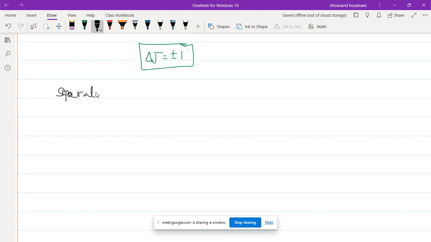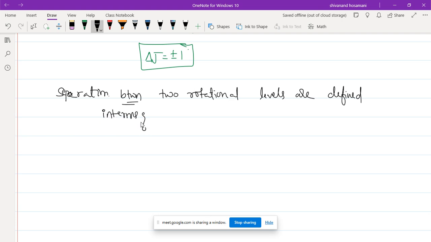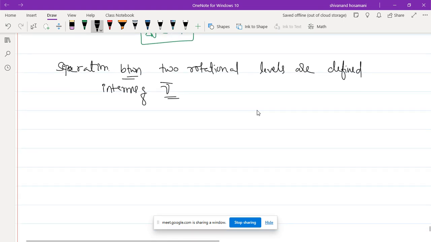The rotational levels are represented in terms of nu bar. How? What is that nu bar we got?